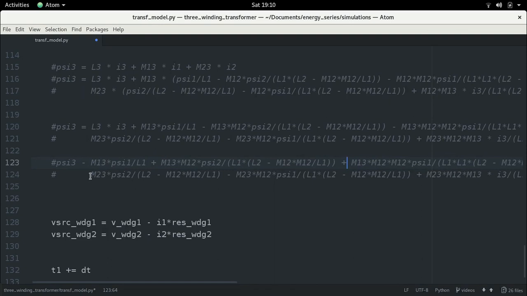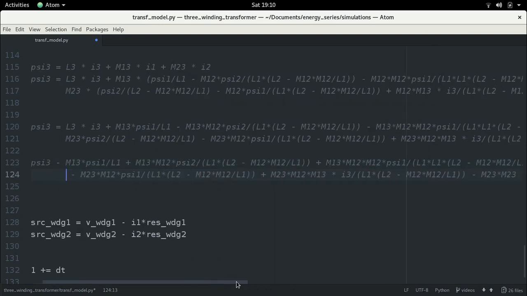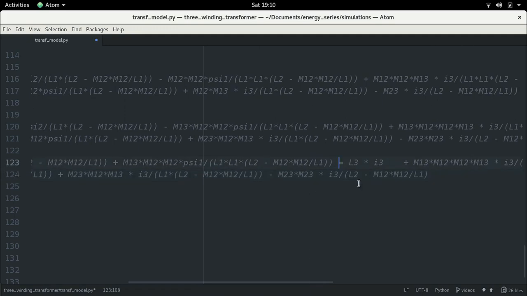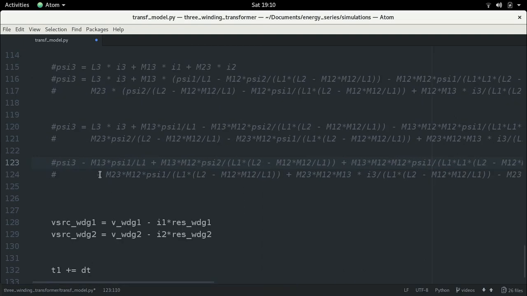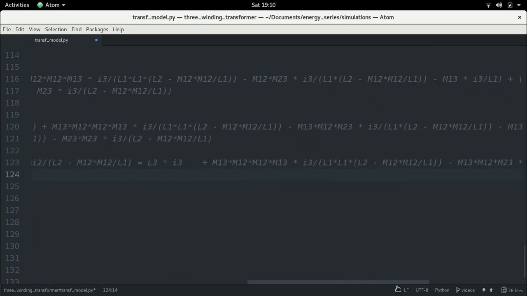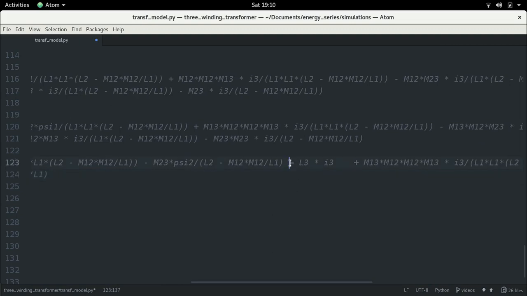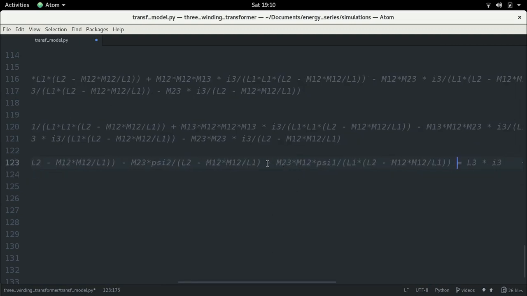Let's look at this. We have another term, cut it out, paste it here, and this is a positive, so we must remember to change the sign. And this is a psi term as well, cut it out, and bring it to this side, remember to change the sign.